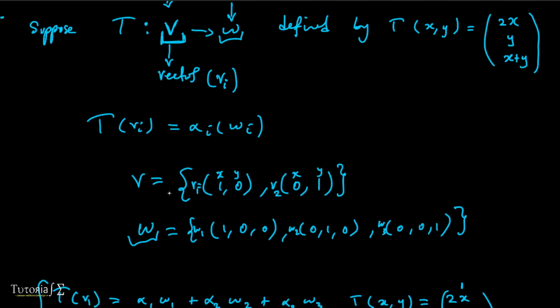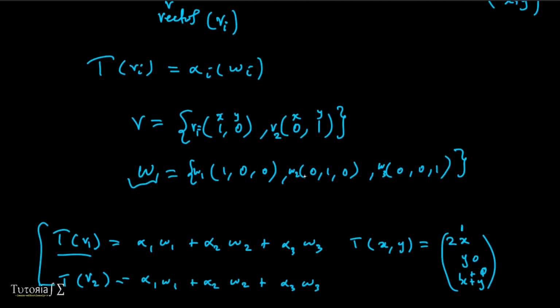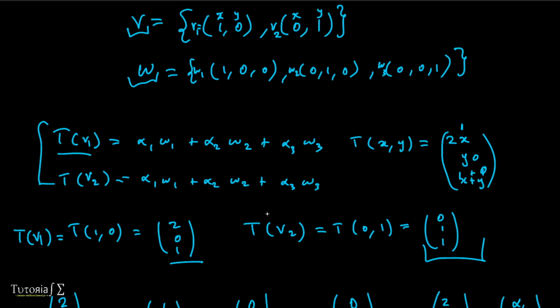And sometimes if you are not given any of those, you just use the usual basis for both. So you name the vectors in the input v1, v2, and vectors in the output w1, w2, and w3, whatever you do. Then you write the transformation of vectors in V as a linear combination of vectors in W. Then you solve for alpha i.